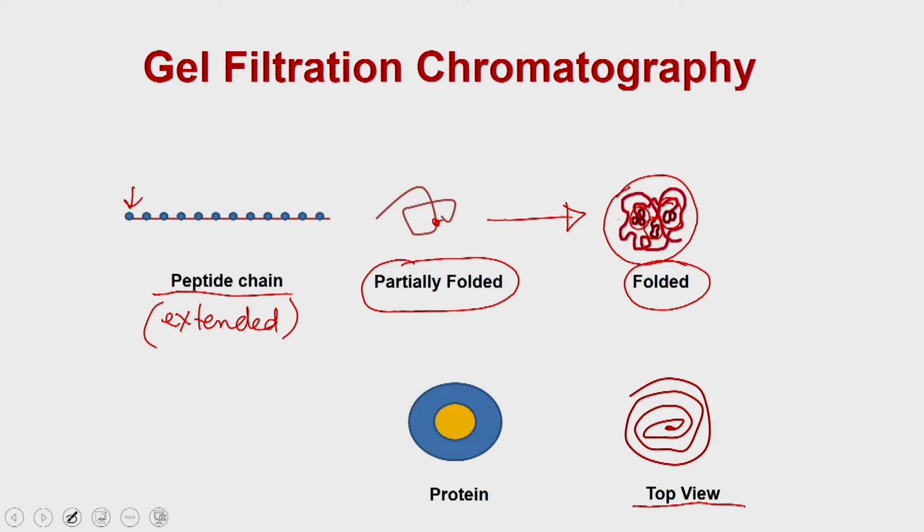If you see a protein from the top, you will see that there is a center. Around this center the protein arranges its amino acid residues, and as a result the protein forms a globular structure.